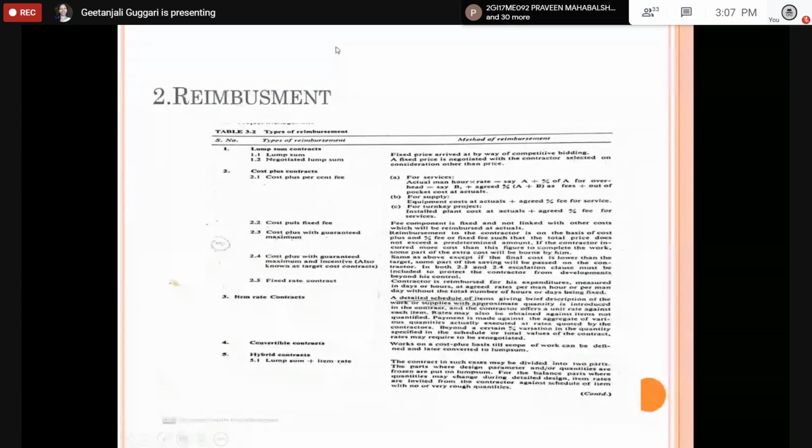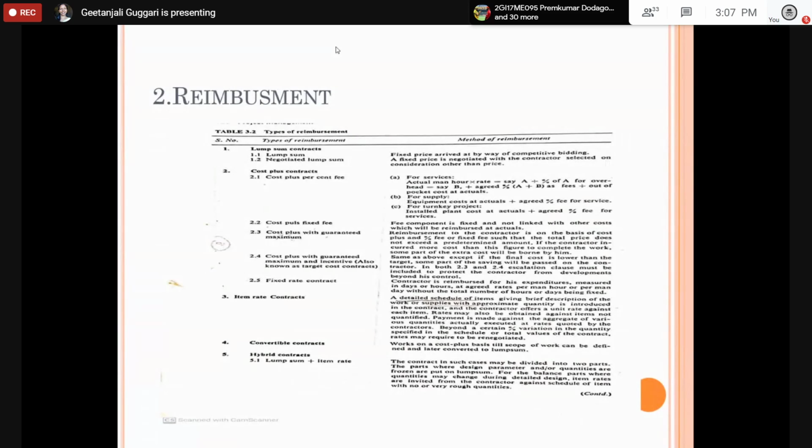For turnkey projects, installed plant cost at actuals, whatever the actual expenditures are, plus an agreed percentage fee for the service. Which type of payment reimbursement you are doing for the contractors, you need to decide in the beginning itself.